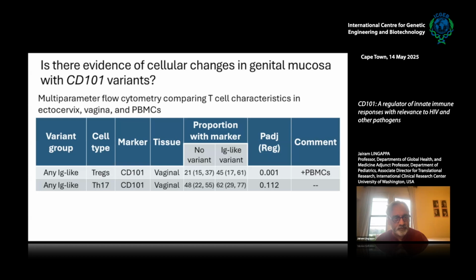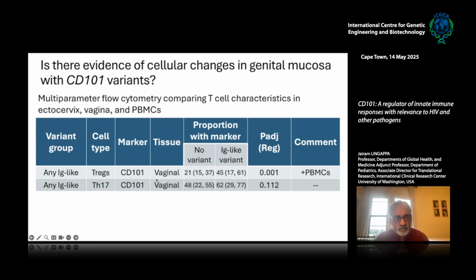We did multi-parameter flow cytometry looking at T cell characteristics of these tissue samples, and found that individuals with any Ig-like variant had regulatory T cells with increased levels of detectable CD101 in the vaginal tissues that were higher in the Ig-like variants compared to no variants, and that was statistically significant.